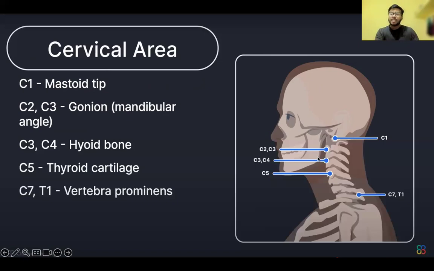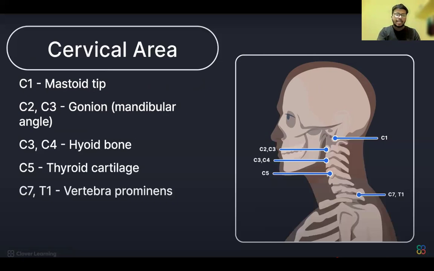This gonion is at the level of the second and third cervical vertebrae. Gonion and mandibular angle are the same. So at the first cervical vertebra level, we have the mastoid tip, and at C2, C3, we have the gonion or mandibular angle.